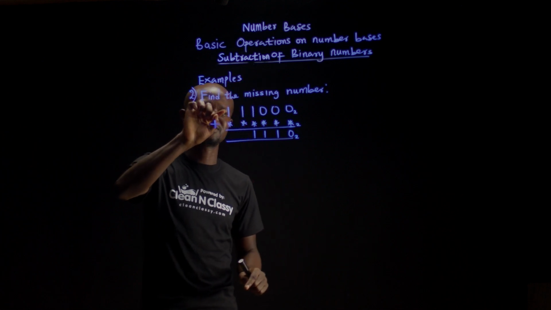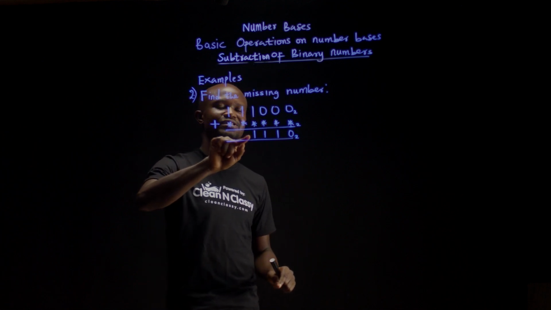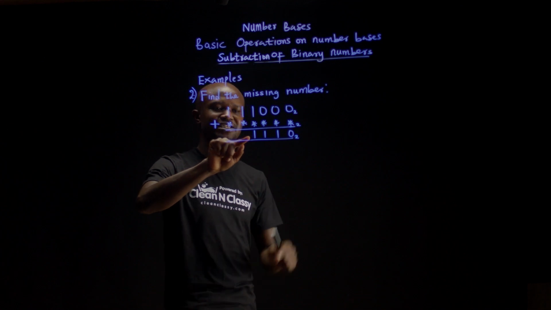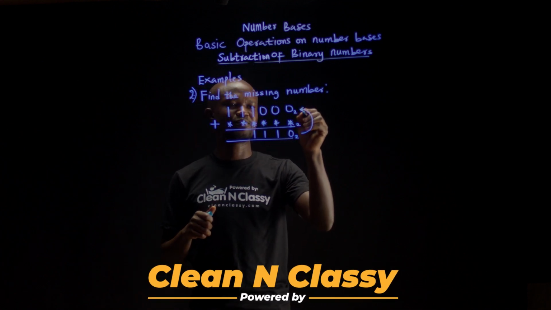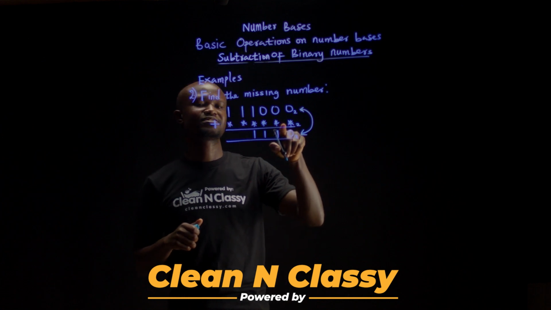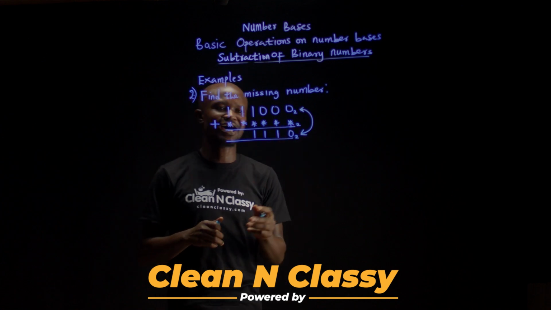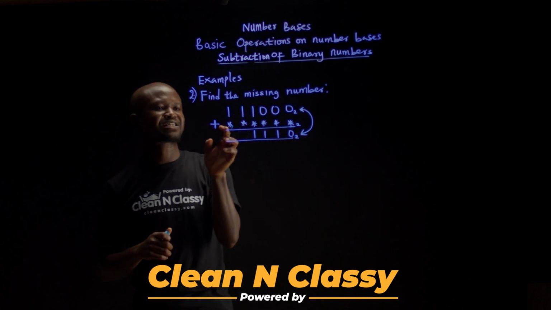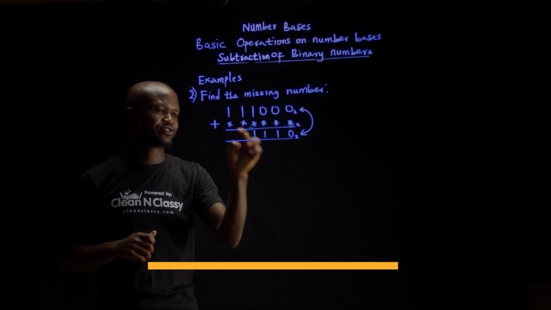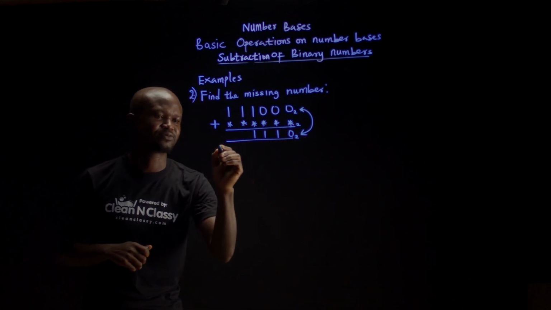Because this one plus this will give us the last row. So if you take away the last row from here, it will give us this. So take note of that. And if you take away this from this, it means you are subtracting this minus this. So we are going to do that now.